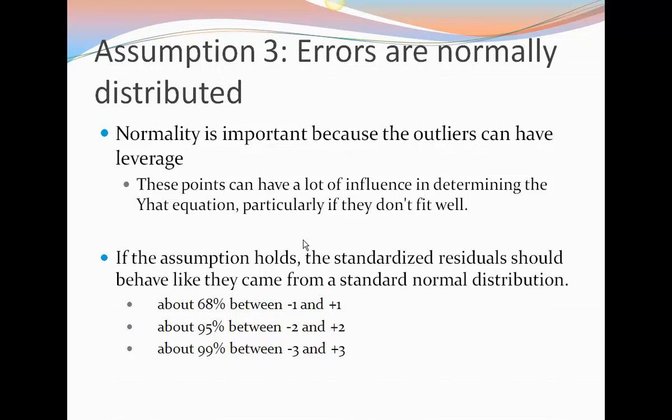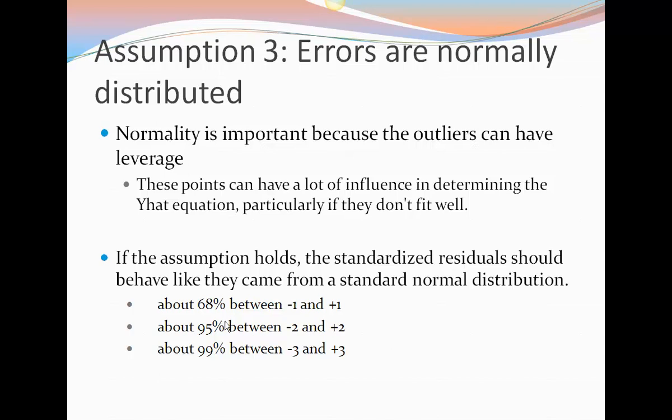The first one is the visual or visual-ish method. We know from our standard normal distribution that 68% lies within 1 standard deviation, 95% lies within 2 standard deviations, and 99% should lie within 3 standard deviations. Well, when I plot my standardized residuals, they take that standard error into account.